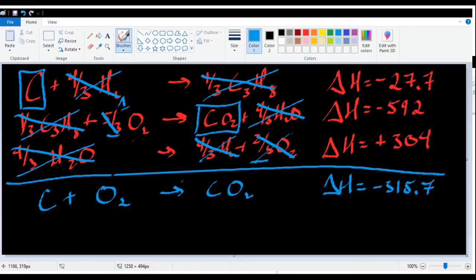All right, and that is the answer. This is a slightly more complicated Hess's law problem, but still entirely effective. It works just fine.